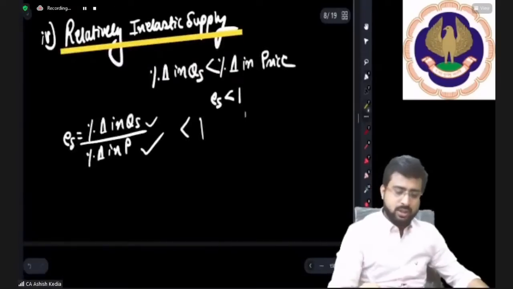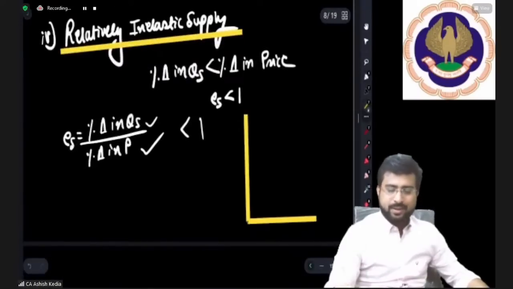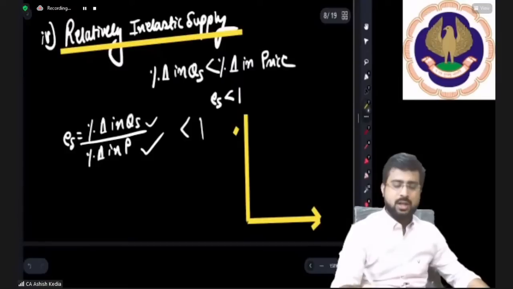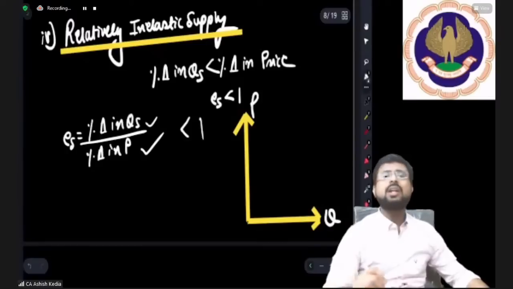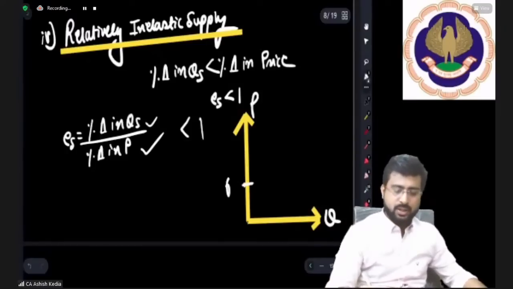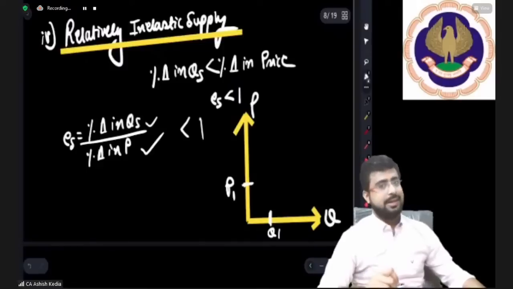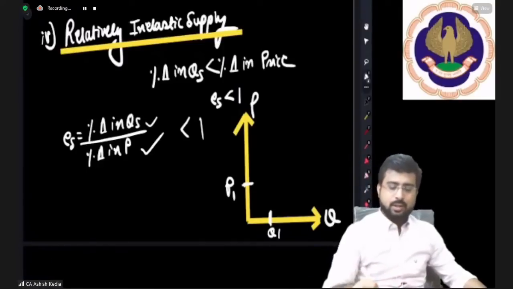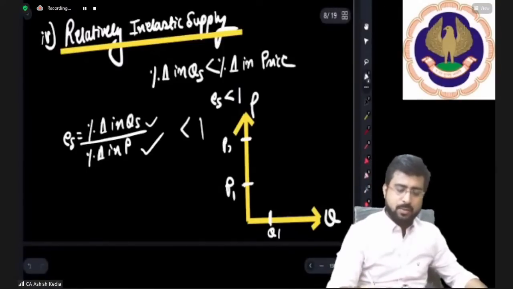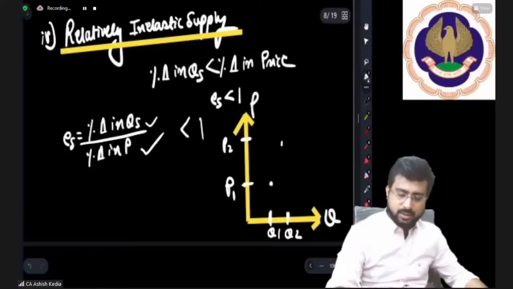So here the curve is going to be relatively steeper. I'll show you how. Price, quantity, it is P1, this is Q1. Now what is happening? If you're changing price by a larger amount, quantity is rising by a very small amount. So it's like this, like this, like this.